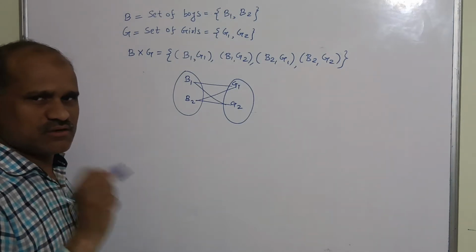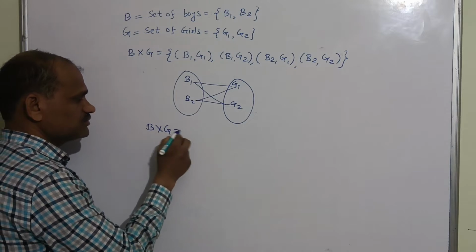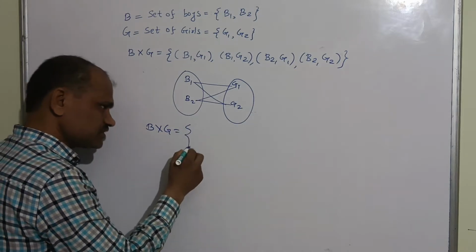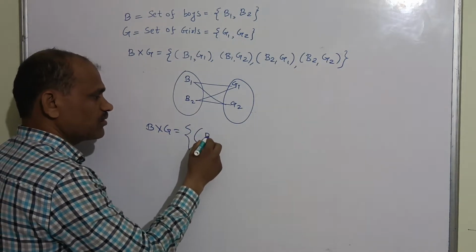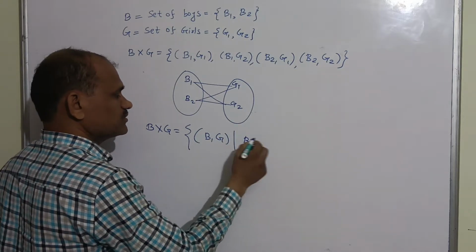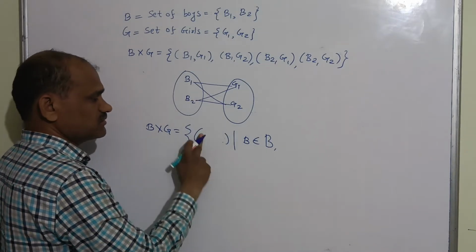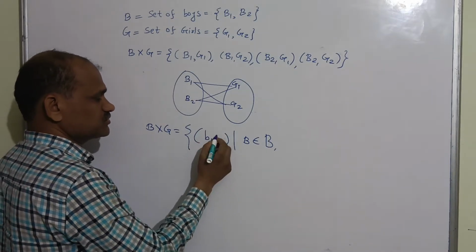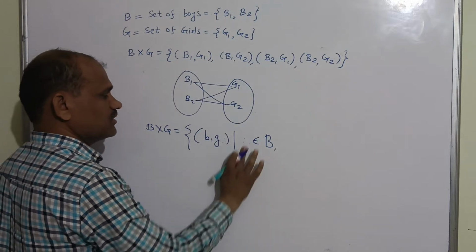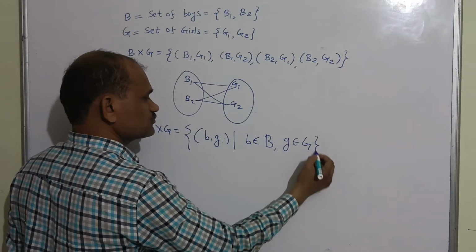In mathematical formulation, we can express B cross G as the set of ordered pairs (b, g), where b belongs to B and g belongs to G.